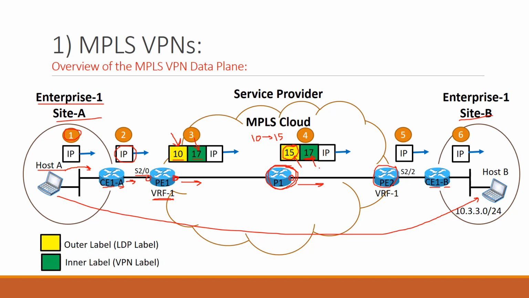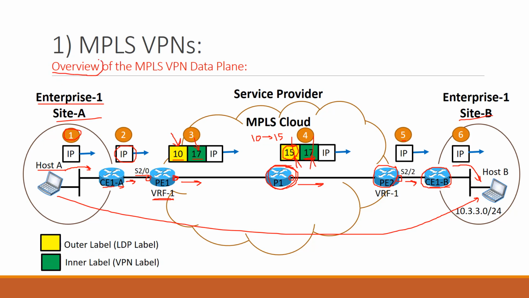And once it decides that the action is to remove this label and remove this label, it forwards an unlabeled packet in step 5 out of serial 2/2 destined to customer edge 1-B. And normally customer edge 1-B will receive an unlabeled packet, and it will use its normal routing table and forward the packet to host B.